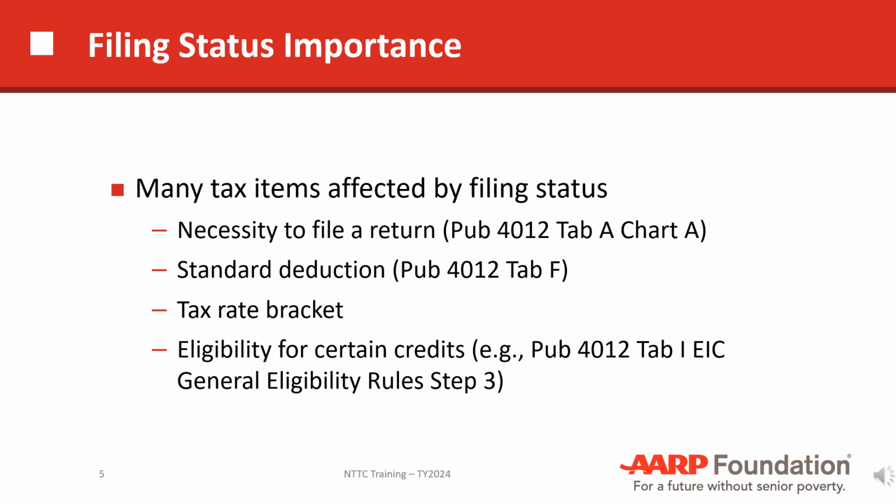And then you can look at the Volunteer Resource Guide 4012, Tab F, to look into more detail on that. Your tax rate bracket as a taxpayer is influenced by your filing status. Your eligibility for certain credits, for example, the EIC, Earned Income Credit, if you look at Tab I of the 4012, your general eligibility rules, step number 3. So if you look at those things, they all depend heavily on having the correct filing status determined.